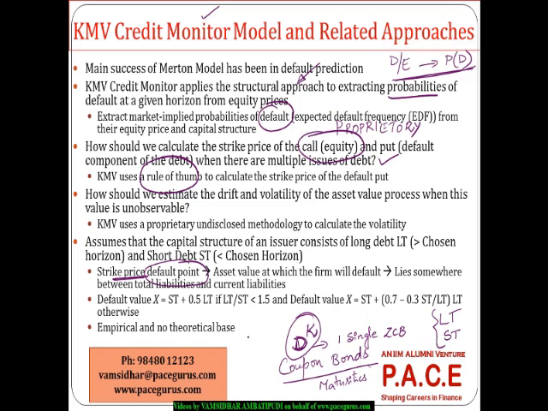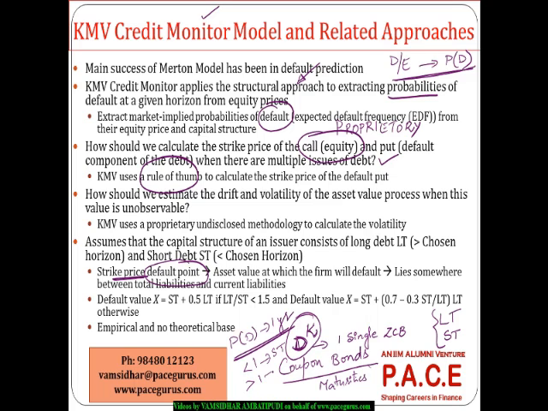Now, let's say I am choosing the probability of default in 1 year. If I am choosing a time period of probability of default in 1 year, then what we are simply saying is, if the maturity of that particular bond is less than 1 year, they are calling it short term.